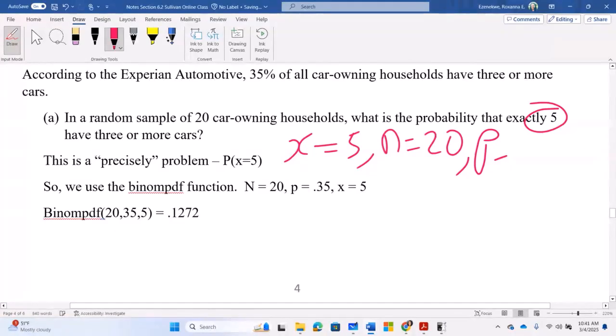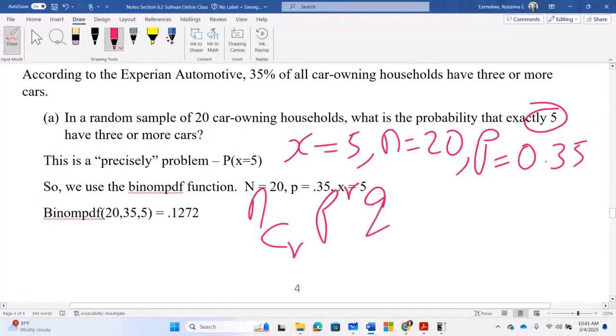We're looking for the probability of success, and the probability of success is 35% or 0.35. So we can plug this into the formula: n combination r, success to power r, failure to power n minus r. You have to plug in everything you have, and this is binomial PDF.